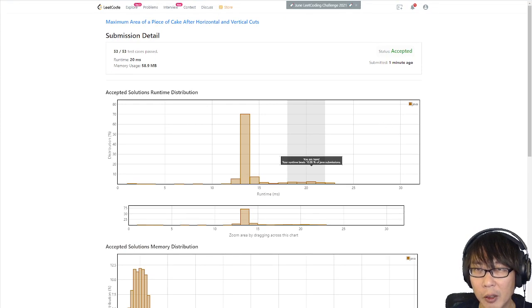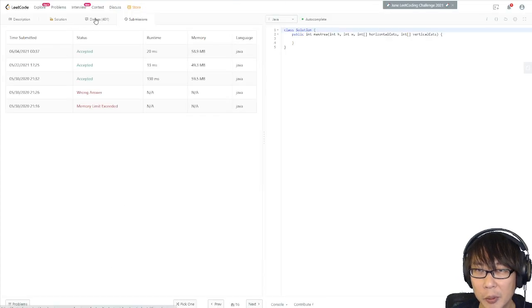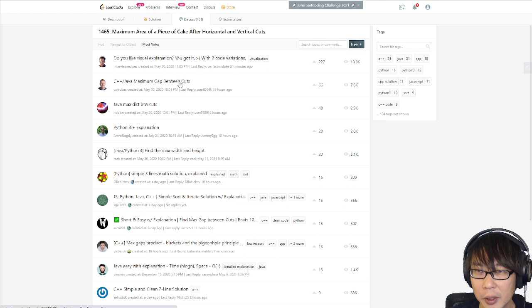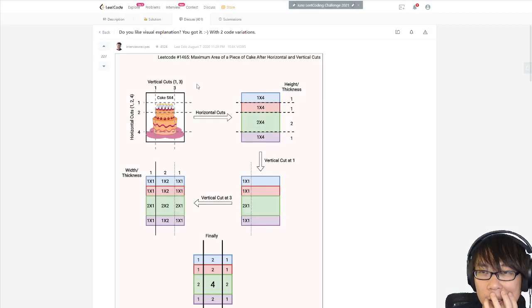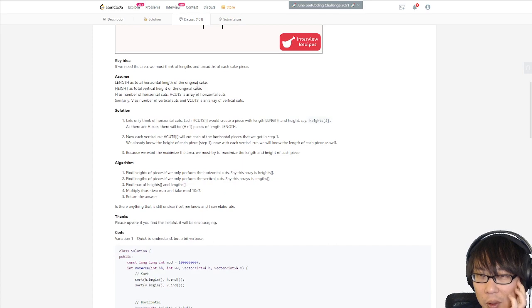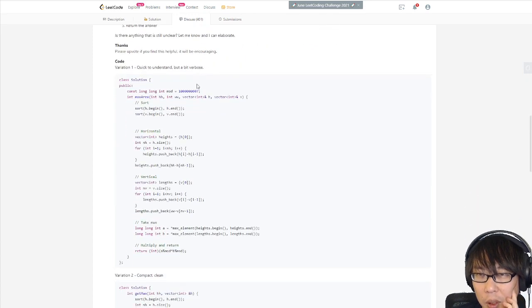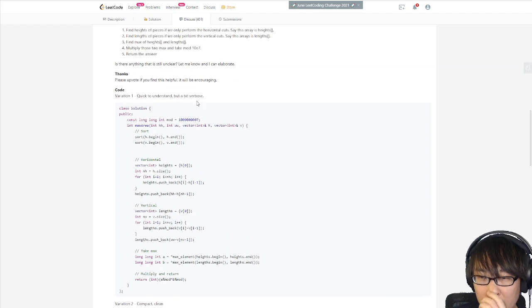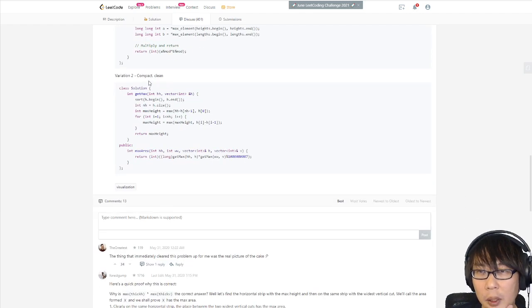So I am now curious about how other people solve this. Oh, cool. Quick to understand, but a little bit verbose. Compact and clean. Okay, let's see the compact and clean.